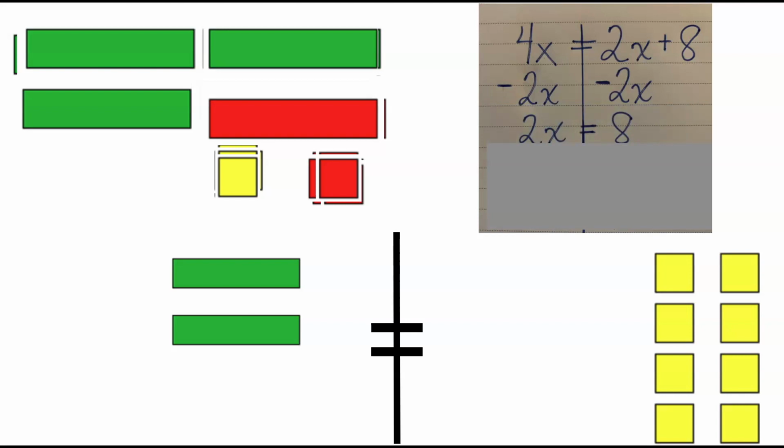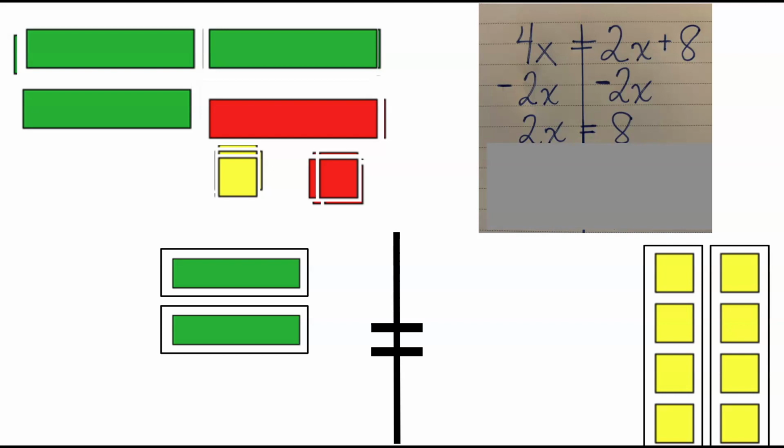Once we're here, we now have all of our variables only on one side and our constants on the other side. Students were introduced to solving one-step equations in the 6th grade, so this now is a review of something they had previously learned. To show that, I'm going to divide my 2 x's into 2 equal groups.